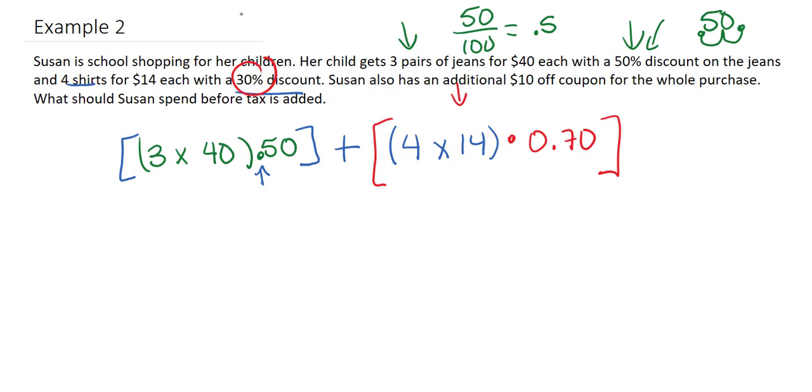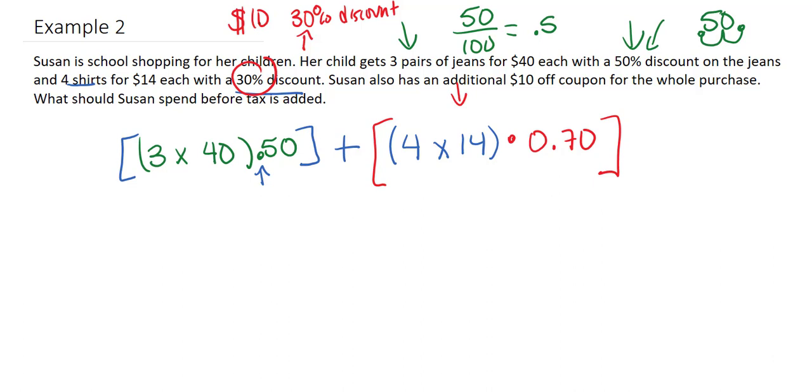So let's go over this. Say there's a $10 item and you get a 30% discount. What is the actual amount of the new item price? If you think about it, this is a discount, so you're only going to pay 70% of what it is. Or you can look at the 30% discount.